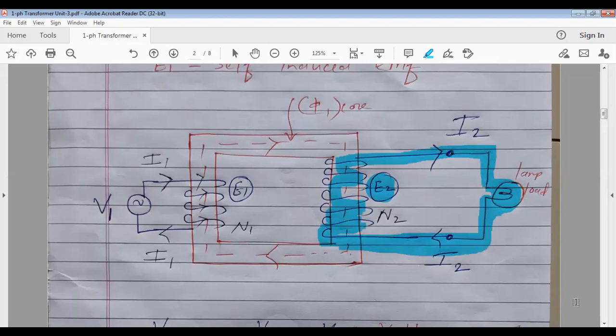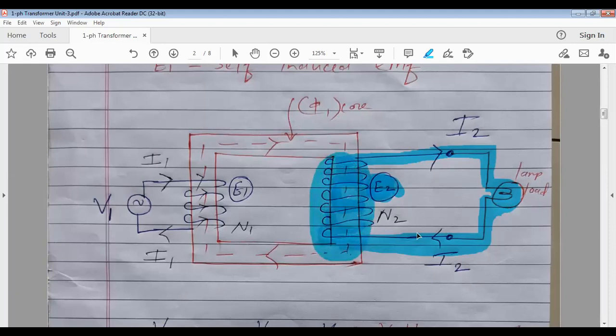Yes, ma'am, the circuit is closed. EMF of 220 volt gets induced in the secondary winding. It is maximum, and it remains constant throughout. Why it remains constant, very soon we'll see in further topics.